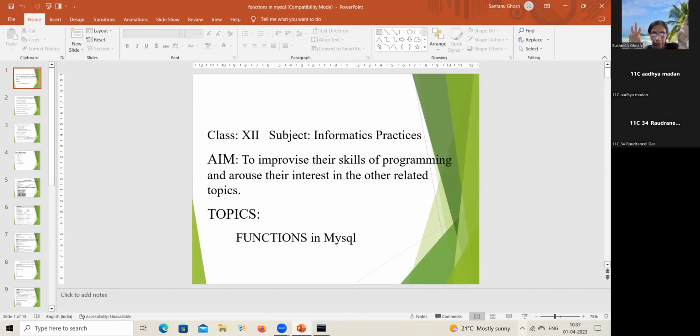The way we use it: the name of the function, what all input I can give to the function. Like if I'm talking about a square root function, the function which will calculate the square root of a number, obviously that function needs an input which is my number, whose square root it will find, isn't it?